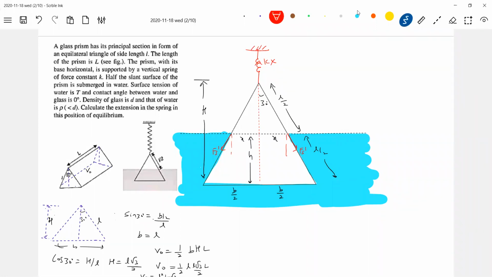So here, if you take that surface, the force due to suffocation will be acting like this. On the side faces, it will be in this direction, making an angle theta. Later on, I'll show the theta.